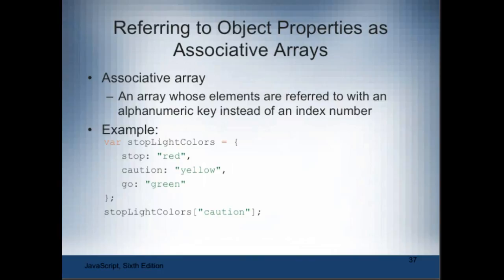Using associative array syntax, we would instead put the property name in square brackets and enclosed in quotes, as on the screen, stoplightColors, followed by square brackets which contain in quotes caution. That would also return yellow.